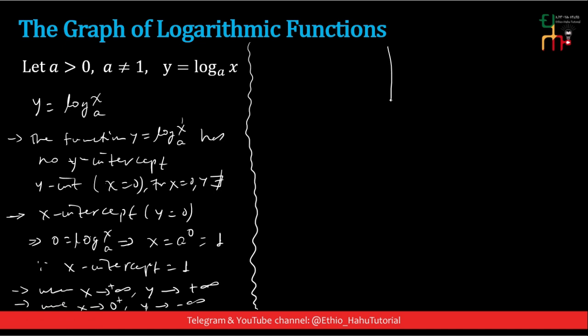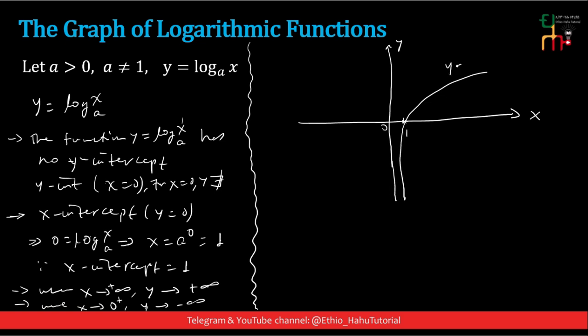Therefore, the x-intercept is 1. The function has no y-intercept. When x approaches positive infinity, y approaches positive infinity. The graph increases. When x approaches 0 from the right, y approaches negative infinity. This is y equals logarithm of x to the base a.